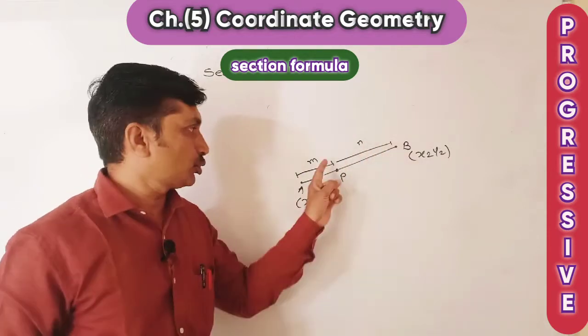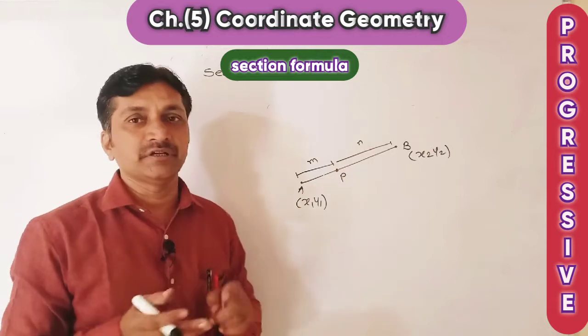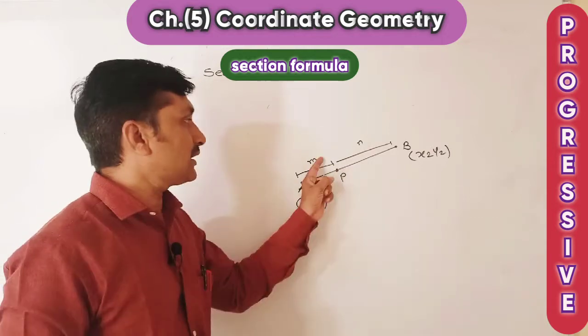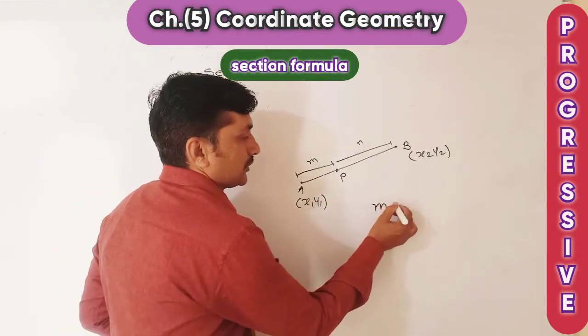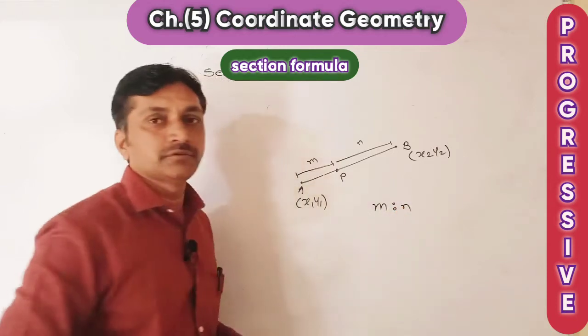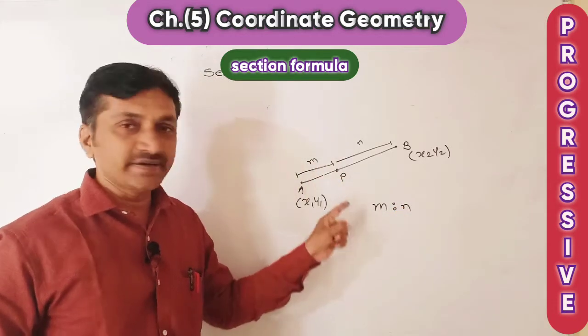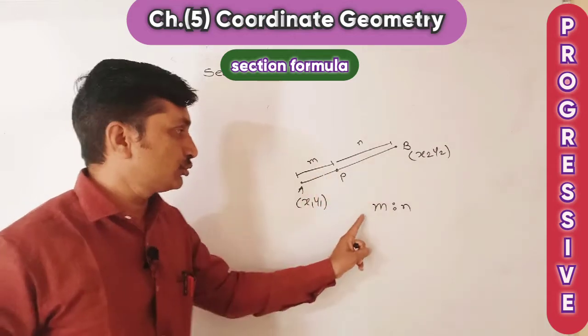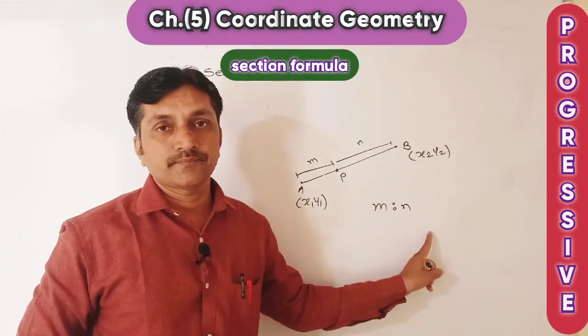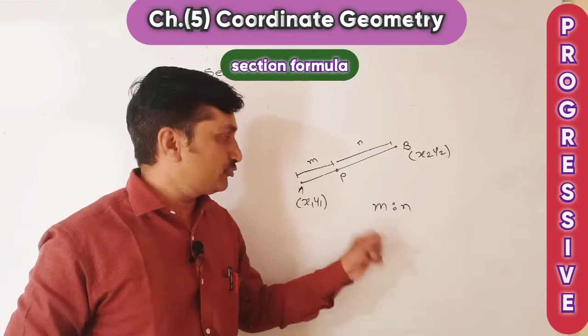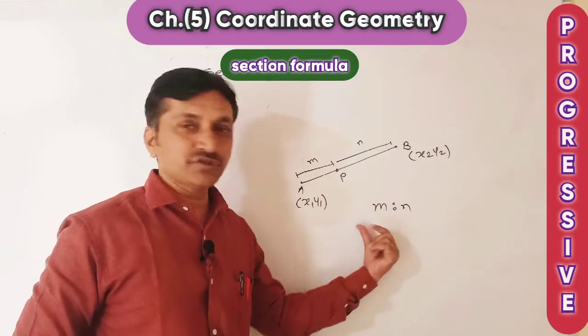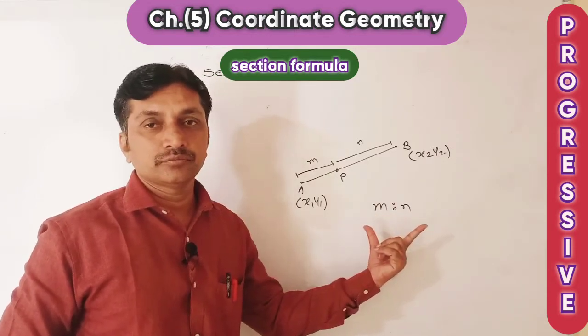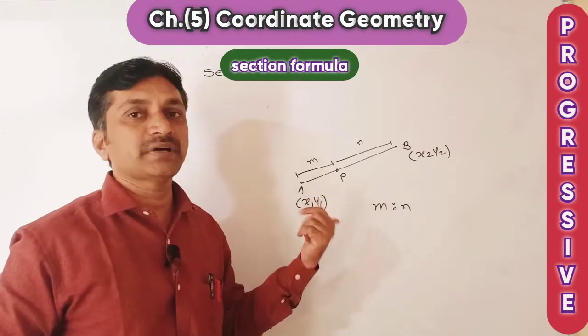If it is asked in which ratio, then it is m is to n. Point P divides seg AB in the ratio m is to n. To find the coordinates of P, we can use the section formula.